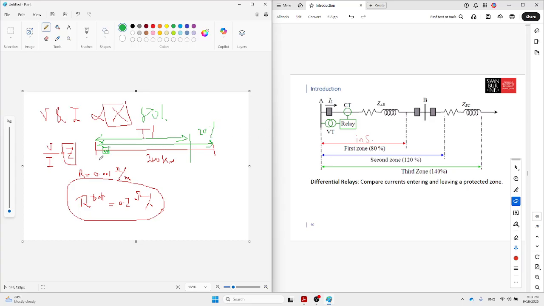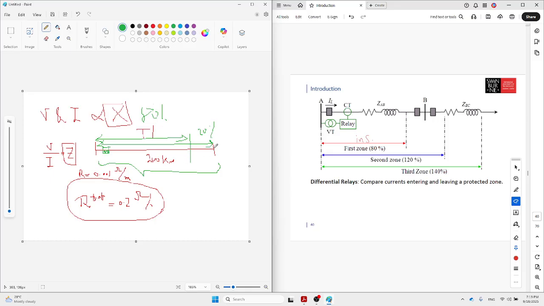protected transmission line. This is protected transmission line. Guys, I try my best to make you familiar with the names usually given to the first line. This is the first line. Total impedance, 120% of the first zone or whatever they can call it.